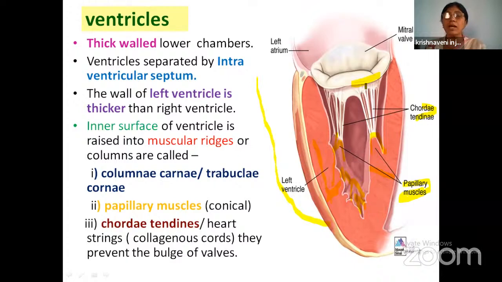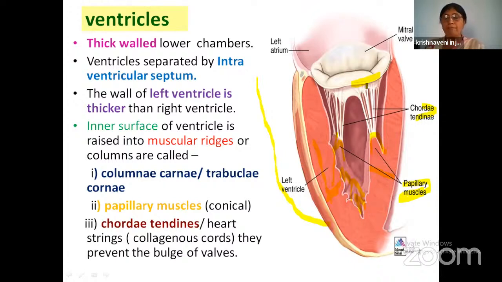That's why it is mitral valve. If it is the right ventricle, it would be the tricuspid valve. The mitral is the bicuspid valve. These chordae tendineae connect the valve and papillary muscles. So they give support to the valves. They prevent the bulge of valves.